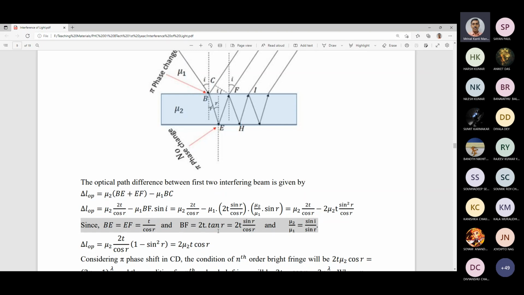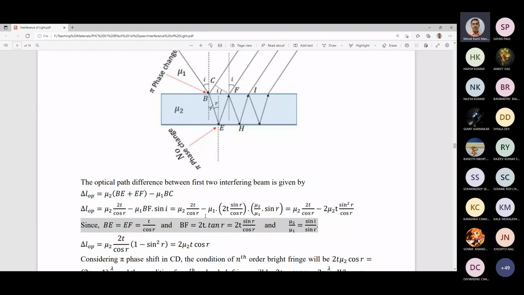If we consider this angle is r and this is BA, that we can consider as half of this, then we multiply it by 2. So that is t tan r, multiplied by 2, that is 2t tan r.